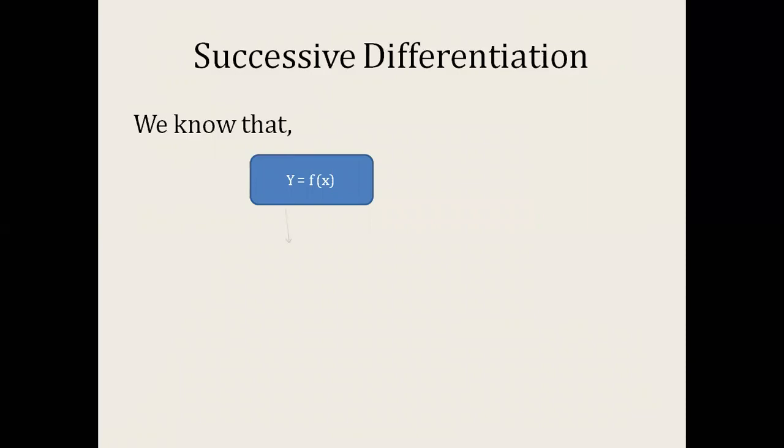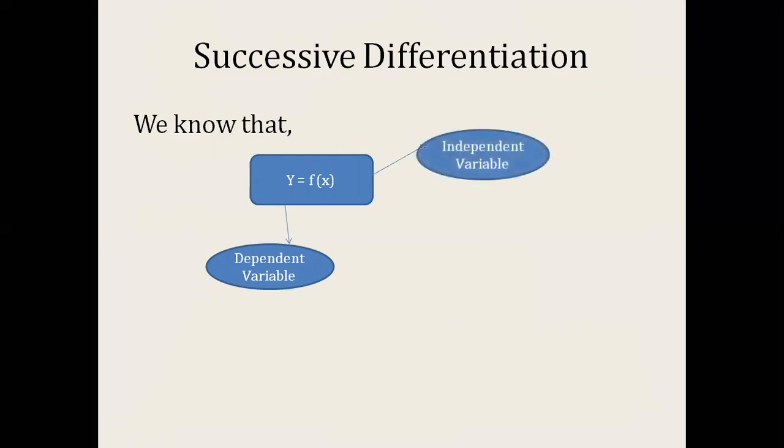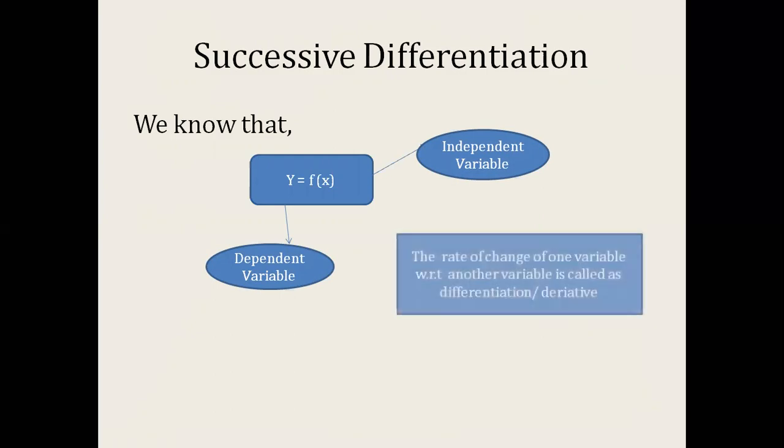This y is the dependent variable and this x is the independent variable. When we apply the process of differentiation on this function, we get the derivative. The rate of change of one variable with respect to another variable is called differentiation or derivative.